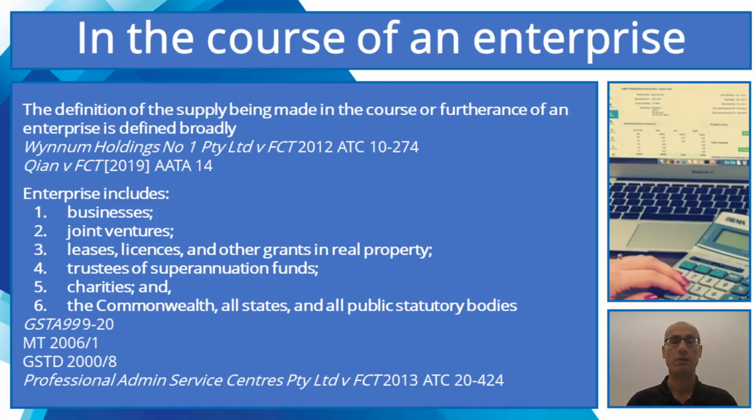It's going to include transactions that are made by trustees of superannuation funds, although it doesn't strictly include trustees of other types of trusts. It includes supplies made in the course of running charities, and it includes transactions that are entered into by the Commonwealth, by any of the states, and by any public authority created under statute by either of those.